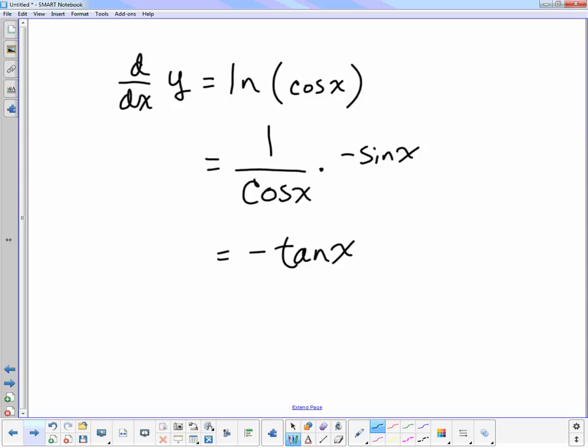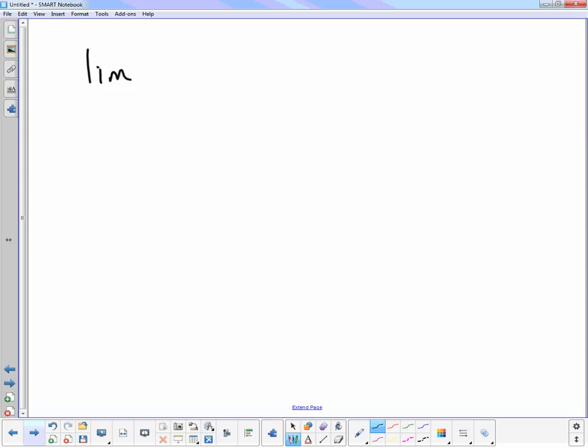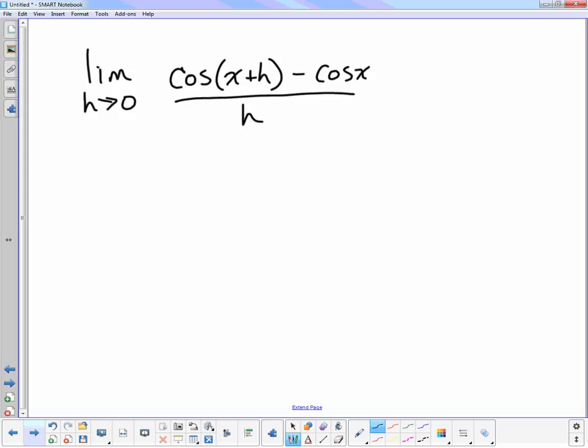From first principles. Here. That's first principles. Cosine of x plus h is cosine cosine minus sine sine.